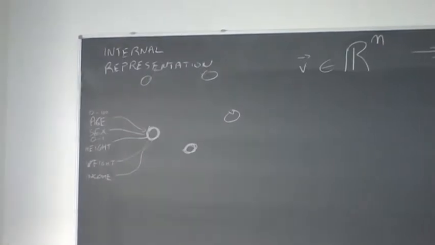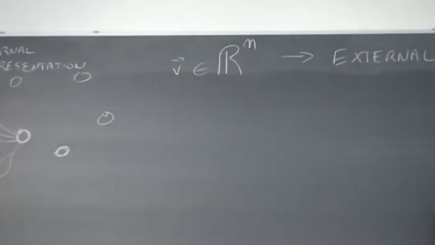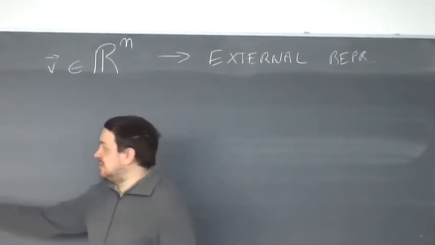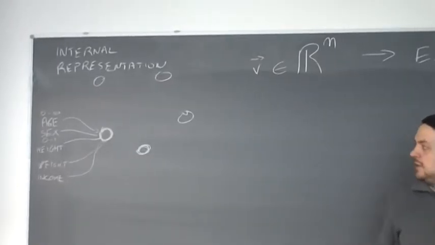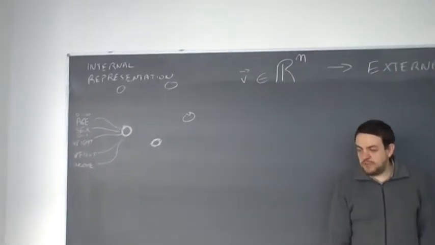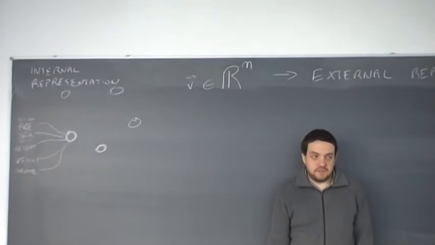And what is a possible relationship between objects given their internal representation? For example, if we represent objects in a vector space, we can consider their distance.